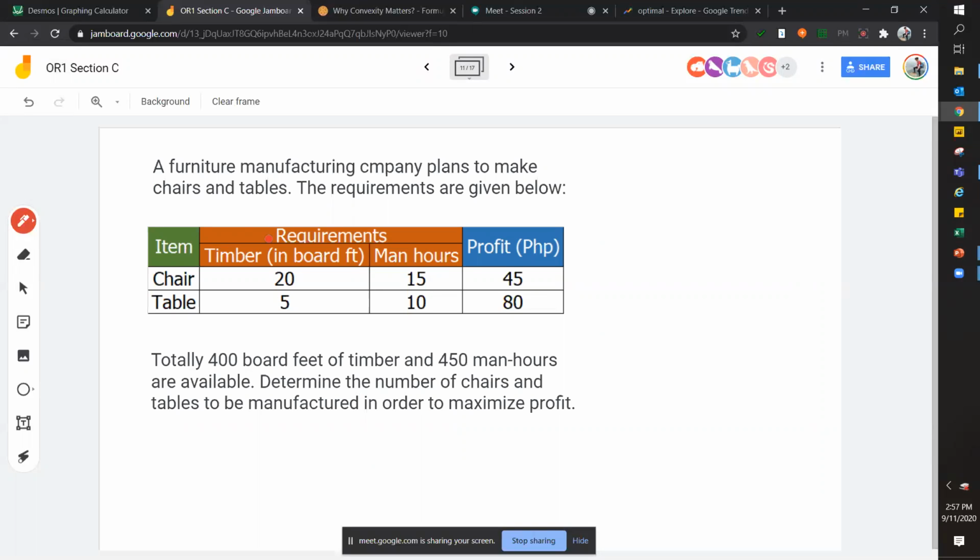Each chair gives us 45 pesos of profit, and for each table, 80 pesos. They only have 400 board feet of timber and 450 man hours available. You are in charge to maximize the profit. How many chairs and tables need to be manufactured? Malinaw yung problem, guys?